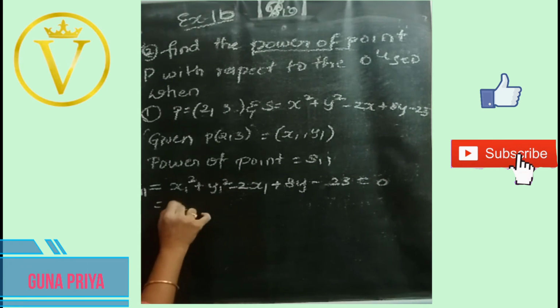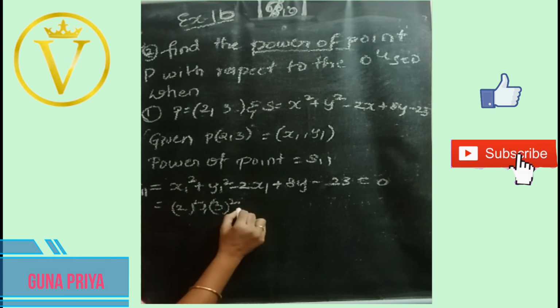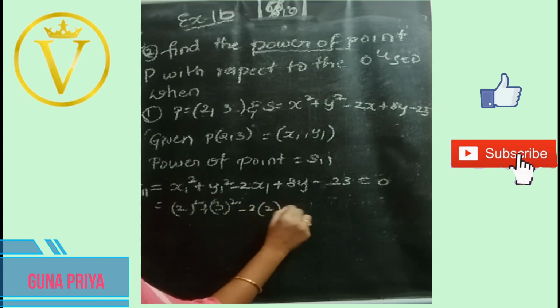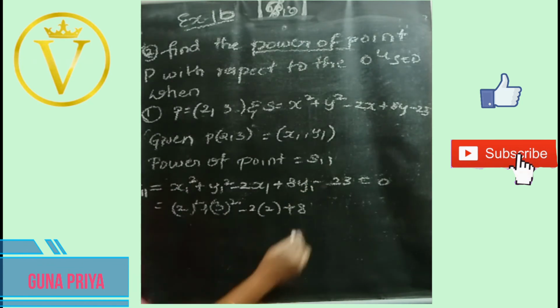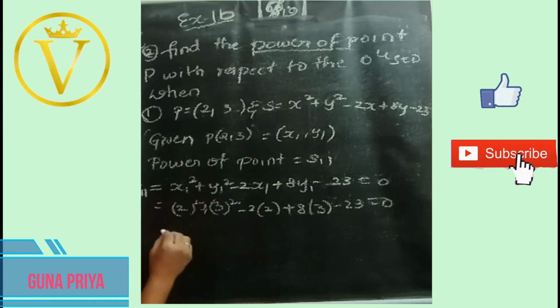Now 2 whole square plus 3 whole square minus 2 into 2 plus 8 into 3 minus 23 equals to 0.